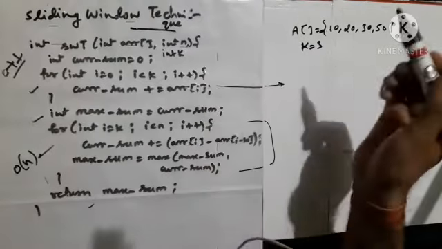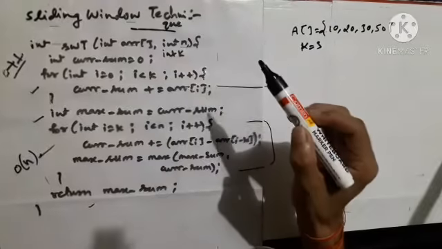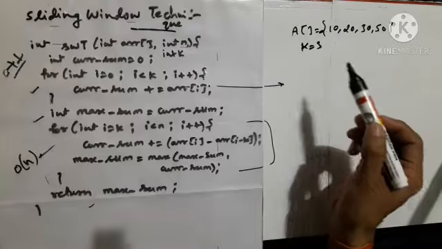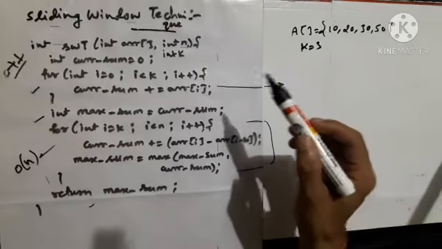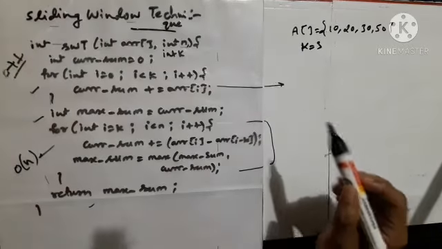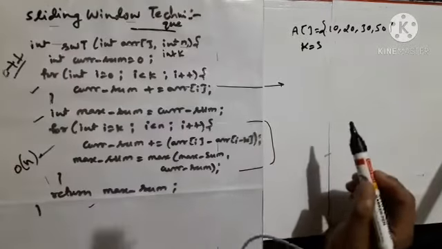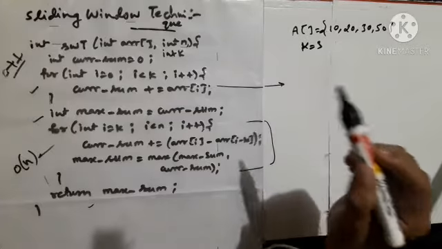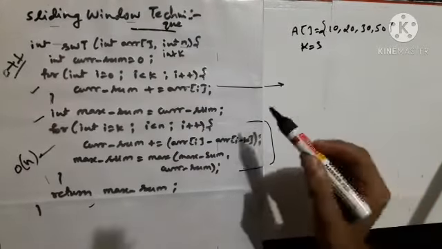In upcoming videos we will also learn about the sliding window technique along with hashing, the two pointer approach, the prefix sum technique, and sliding window plus the hashing data structure. We'll discuss them in detail.